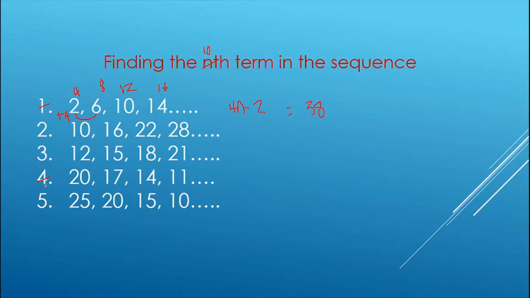Okay, next, for number 4, what is the pattern? The pattern for this one is, as what we can see, we have 20, 17, 14, and 11. The pattern for this one is minus 3. Okay, minus 3. So for this one, we have minus 3n.